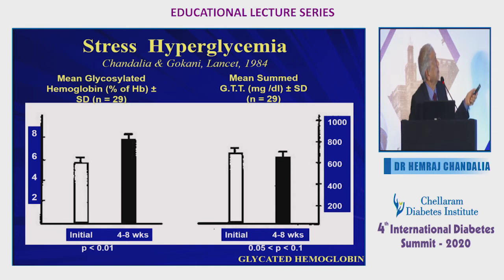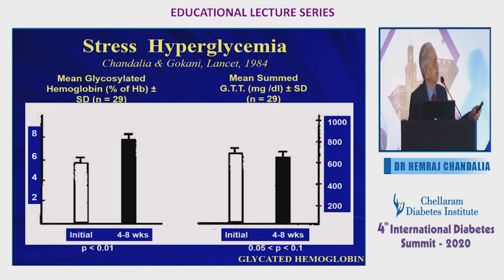At that point, we published this paper in Lancet because this was very interesting, stress hyperglycemia. So we wanted to see whether so-called stress hyperglycemia in hospital patients entering our ICUs with myocardial infarction and strokes, who are having tremendous stress. At that time, in many of them the glucose is raised and they are not known to be diabetic earlier.